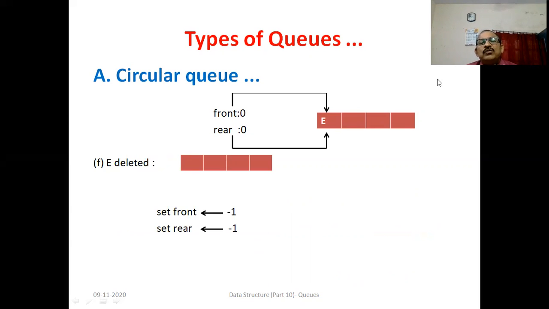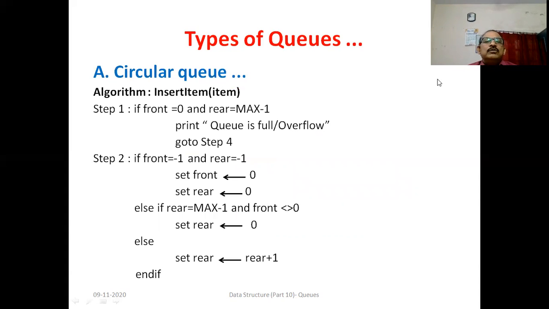If front is equal to 0 and rear is equal to 0, and suppose the item is deleted, what will happen? In that case, the queue becomes empty, and when the queue becomes empty, we simply set front equal to -1 and rear equal to -1. Is it clear? Keep these things in your mind.